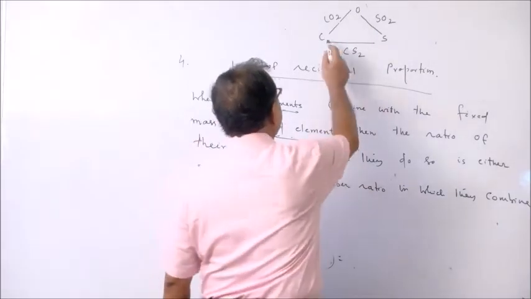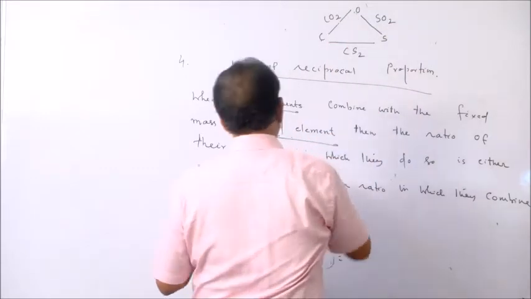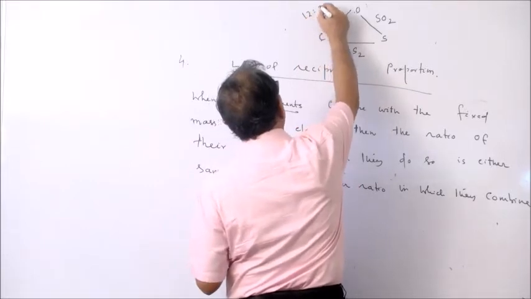If oxygen is taken as the fixed mass, the mass of carbon is 12, and the mass of sulfur is 32.